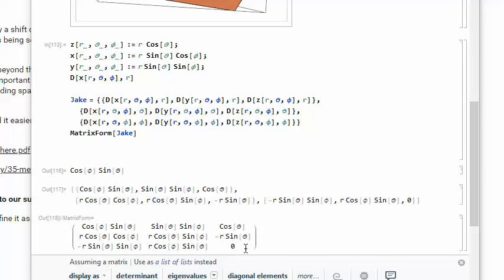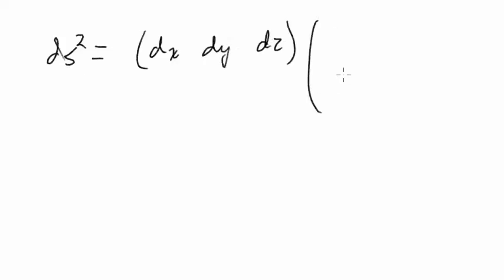Now, what can we do with this Jacobian? Earlier, what did we do? We said that the metric ds squared was equal to dx dy dz times dx dy dz, these two matrices multiplied together. How are we going to change that?